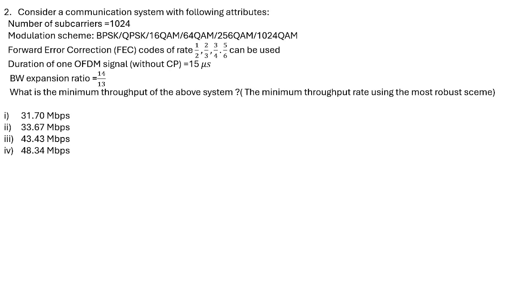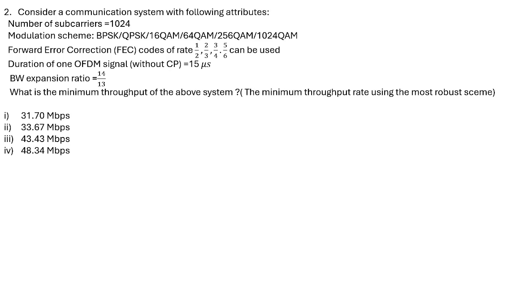So for QPSK you can transmit 2 bits per symbol. For 16 QAM your constellation size is 16, so you can transmit log base 2 of 16, that is 4 bits per symbol.